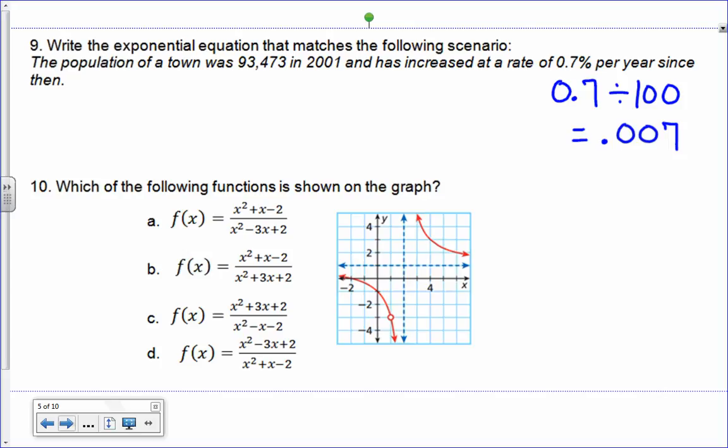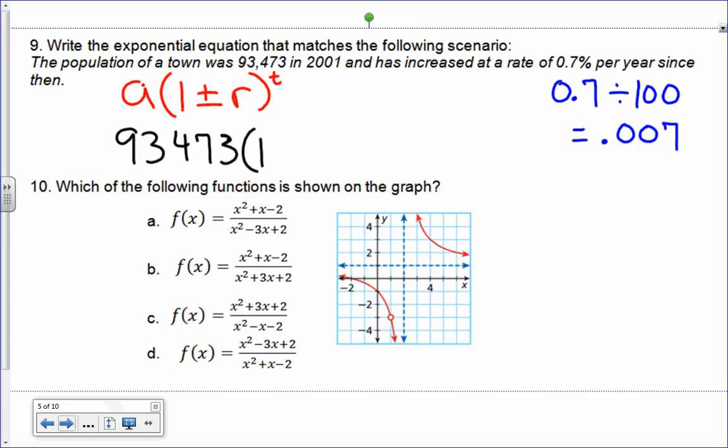Now, remember the formula is A, the initial value, multiplied by 1 plus or minus the rate, plus if you're growing, minus if you're decaying, to an exponent of t for time. Okay? So if you look at this example, the population of the town initially, the A value, was 93,473.